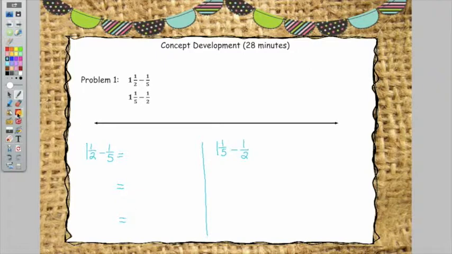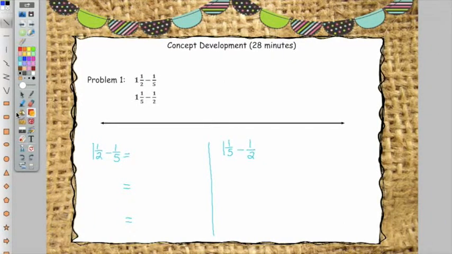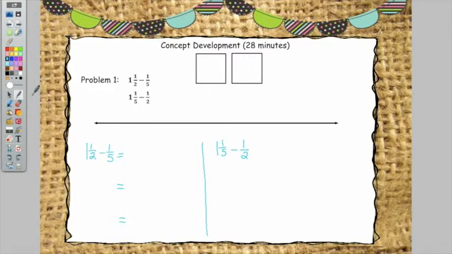So let's just say I drew this up here somewhere. I have 1/2 and I have 1/5. That's not perfect, but you get the idea. Is the larger fraction first? Yeah. And it's quite a bit larger, isn't it?